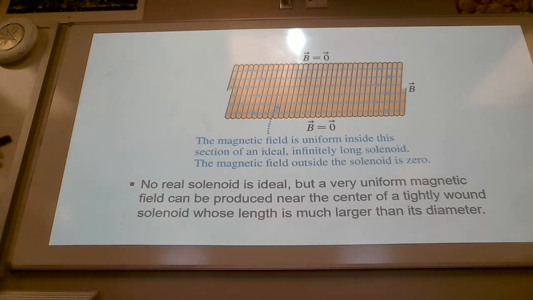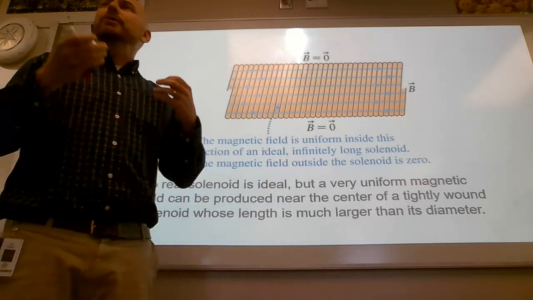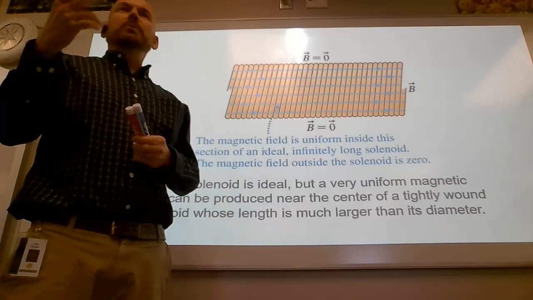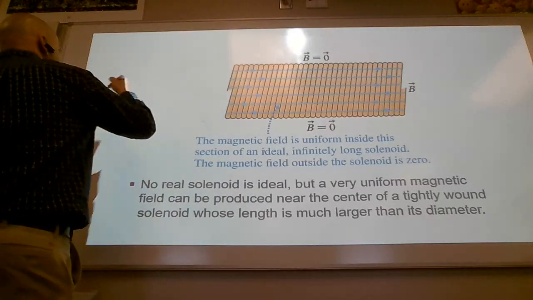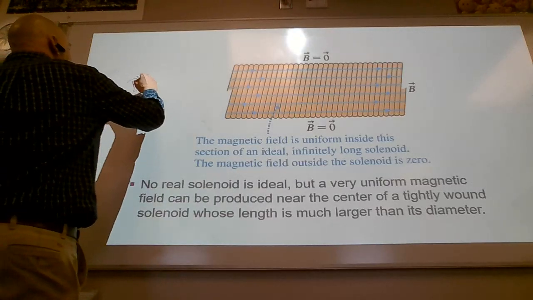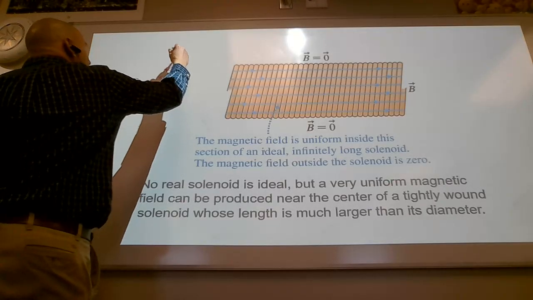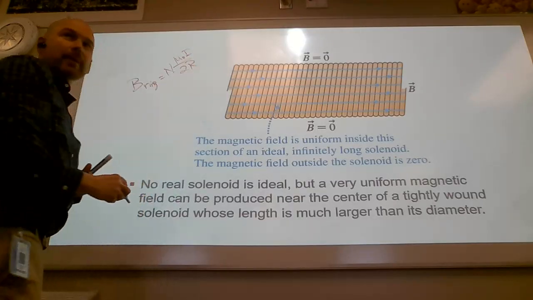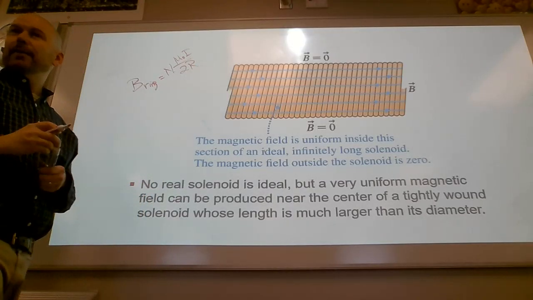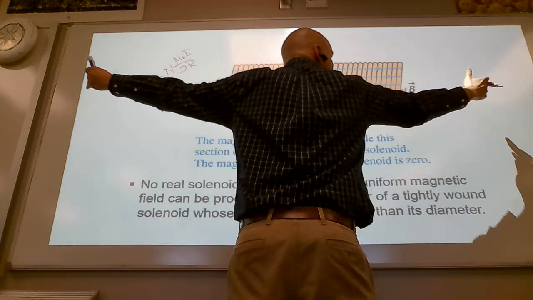A popular question is, how do you know if it's a solenoid versus multiple rings? When can you use the solenoid equation versus the ring equation, n mu naught I over 2r? Remember that we derived that.